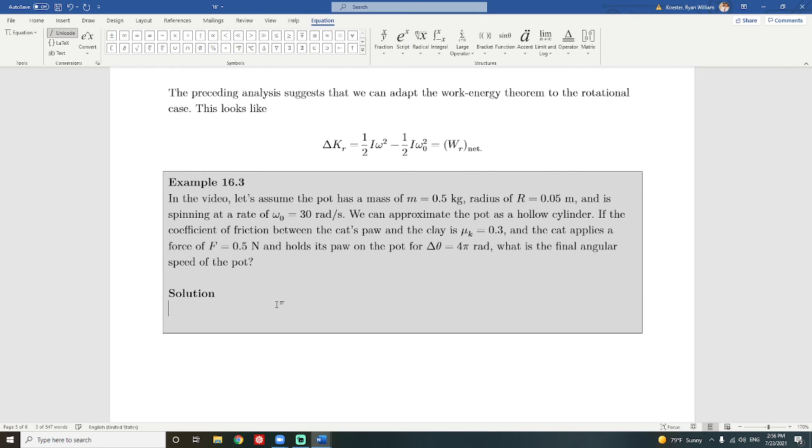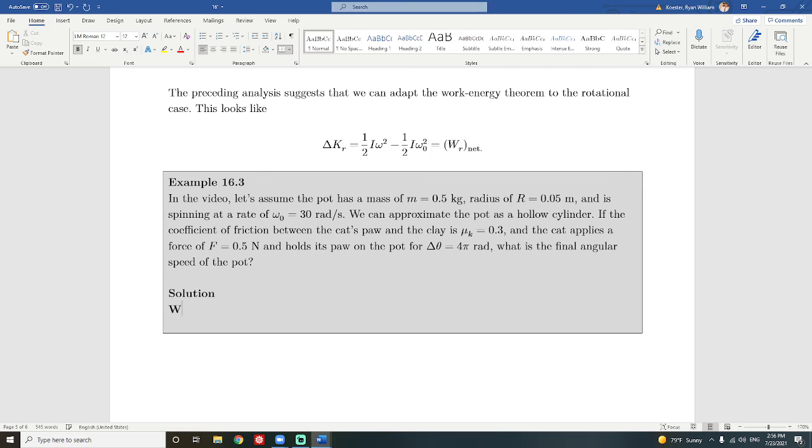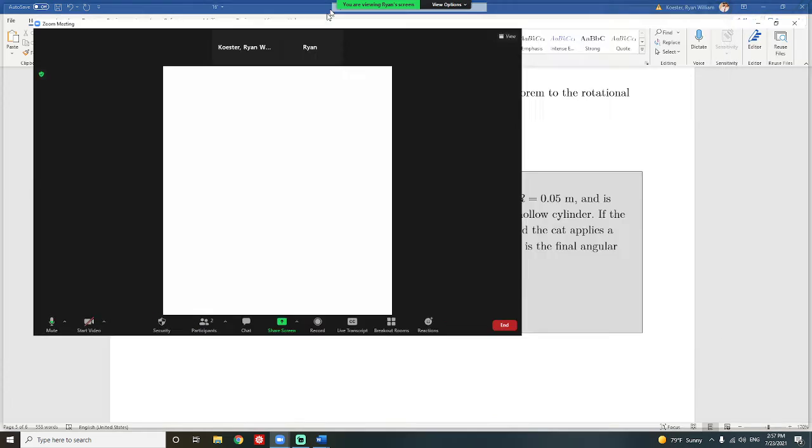So we first have to solve for the torque that the cat exerts on the pot. And so I am going to bring the tablet up again because I just want to make sure that everybody's clear on how this works.